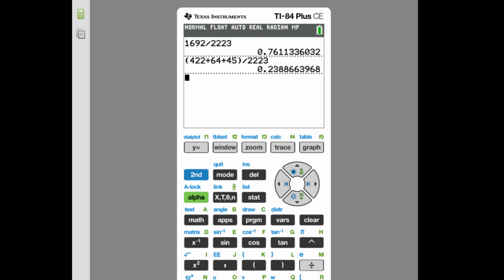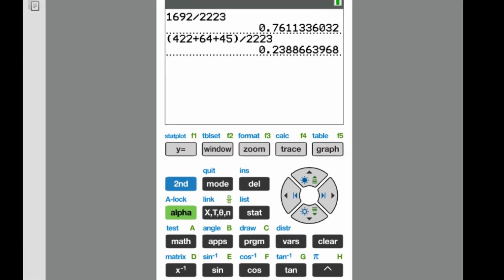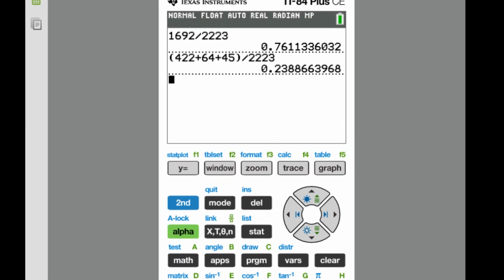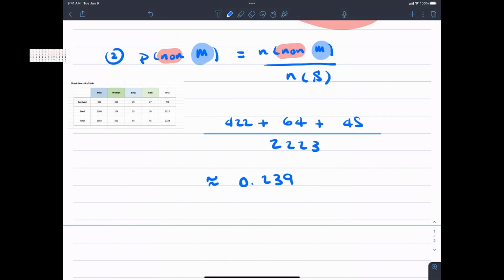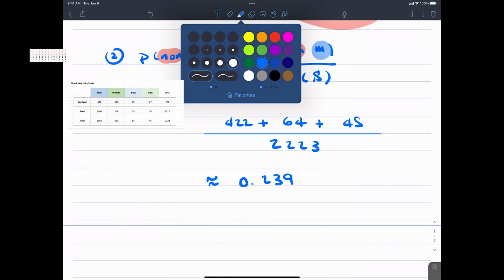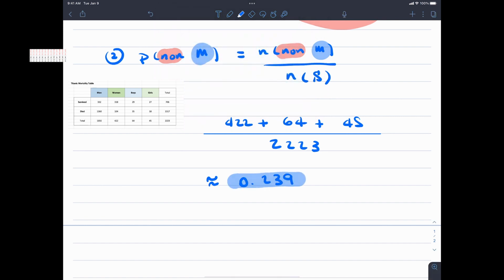And what do you get to the nearest thousandths now, ladies and gentlemen? This is approximately what? It's going to go to the thousandths. 0.238 or 9? 238 or 239? What do you guys think? 239.